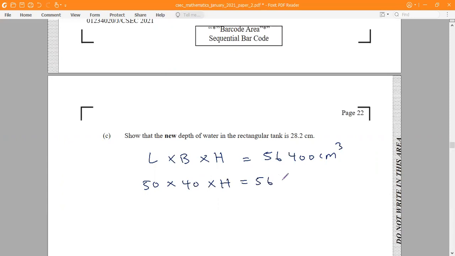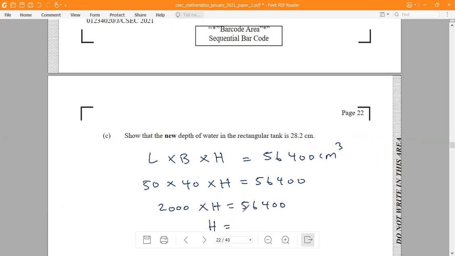That is equal to 56,400. 50 times 40 is 2,000. So 2,000 times the height is equal to 56,400.